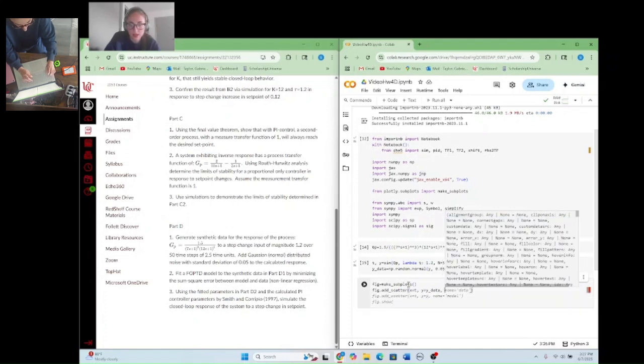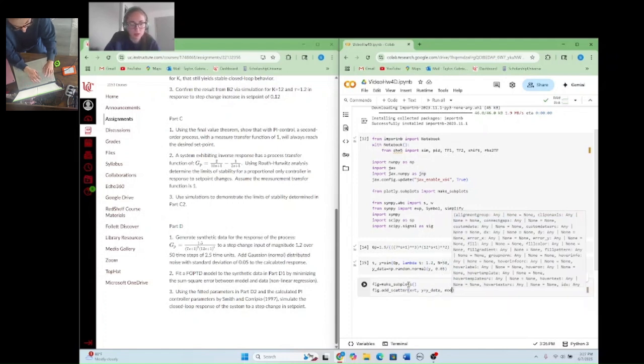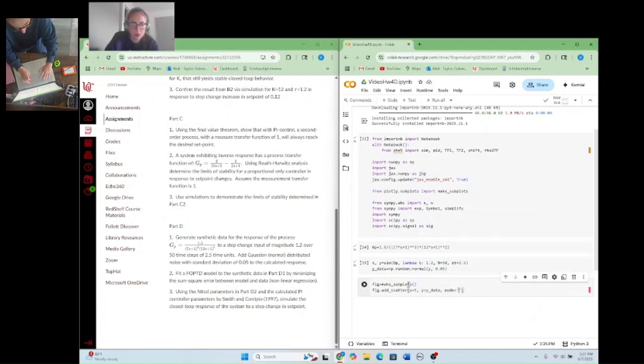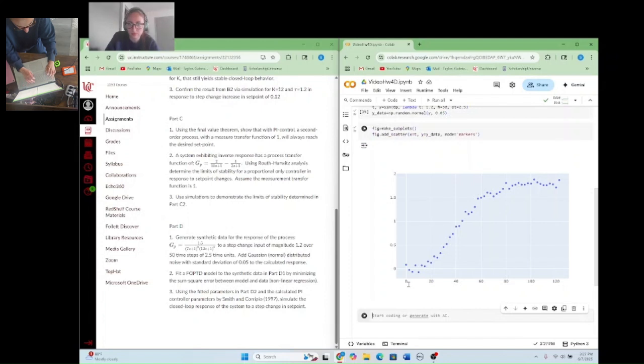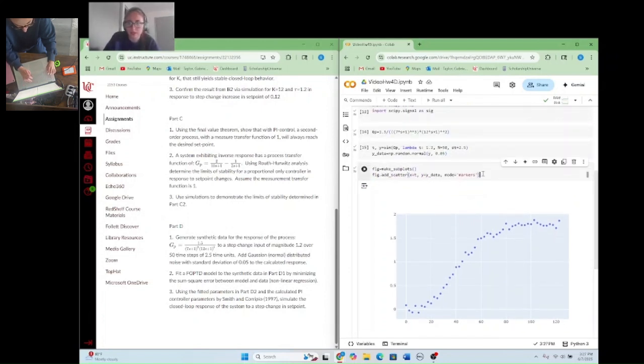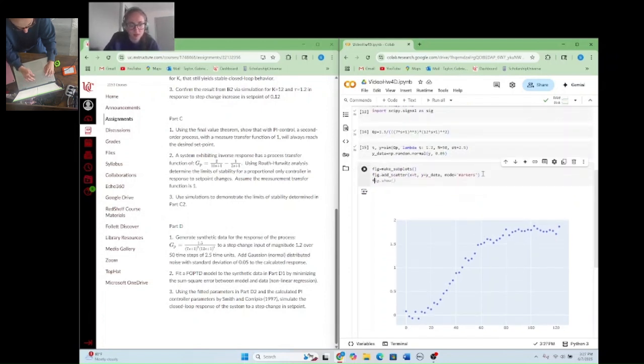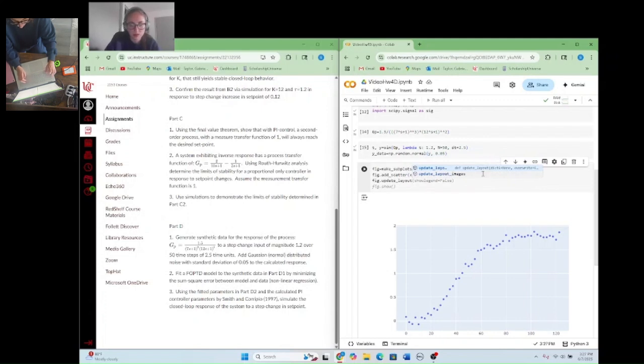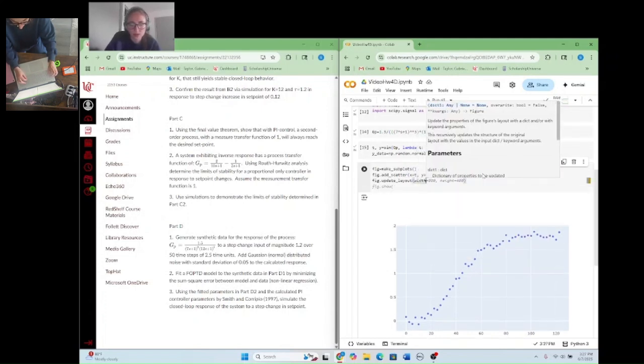And then the mode is going to be markers, just because this is a representation of data, not actual data. Let me update the layout. I want it to be 800.